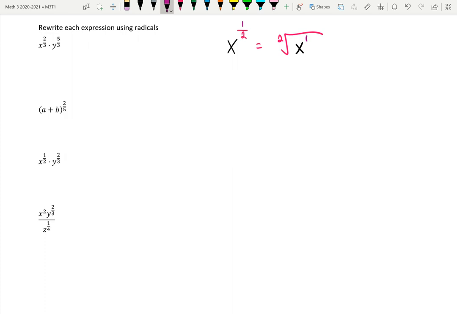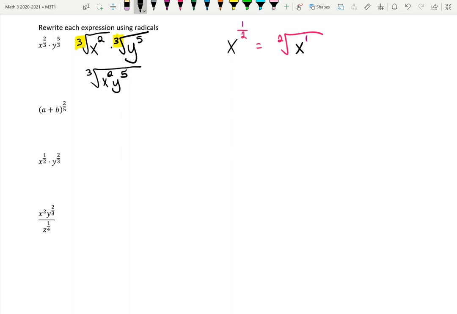So when I rewrite this first one, it's going to end up being x squared to the third index times y to the fifth, the numerator, to the third index. Because these indexes are the same, because they're both in a cube root, I can combine them to rewrite it as the cube root of x squared y to the fifth.